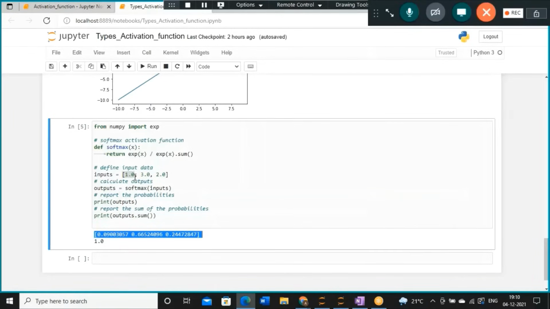This 1 is converted to a probability by calculating the exponential of 1 divided by the exponential of 1 plus the exponential of 3 plus the exponential of 2. Similarly, how is this value coming? Again the same formula is applied. So this is how the softmax function works.